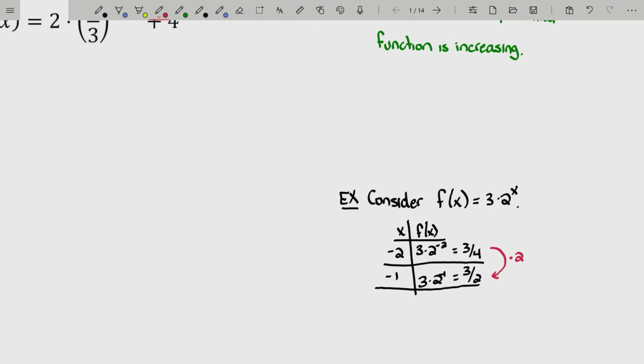Let's go to x equals 0. Again, we took a step by 1. That's 3 times 2 to the 0th. Well, any non-zero number raised to the 0th power is 1. So that's 3 times 1, or 3. And again, notice that that step size of 1 in x led to a product of 2 in the y value. So we multiplied the y value by 2.